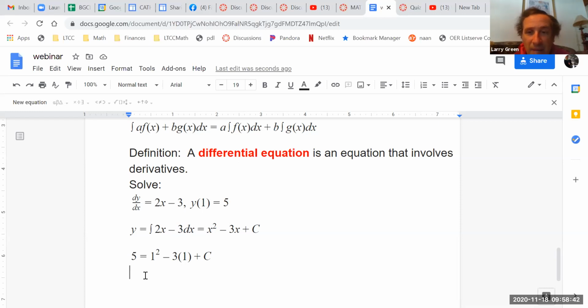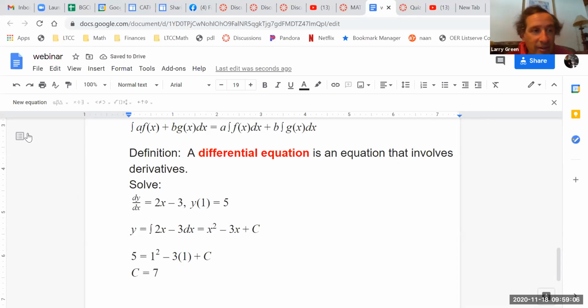Okay, now it's basic algebra. So 1 squared minus 3 times 1, that's 1 minus 3, which is negative 2. So what must c be? Yeah, c is 7.